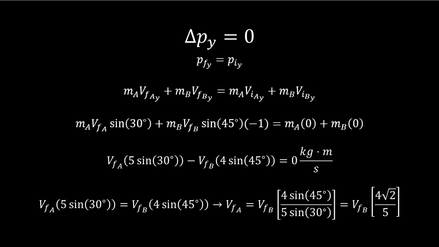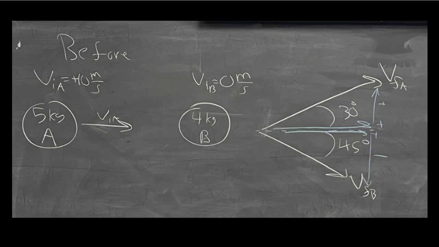Breaking everything apart, that's still just the mass of object A times the final velocity's y component, plus the mass of object B times the final velocity's y component, equals the mass of object A times its initial velocity's y component, plus the mass of object B times its initial velocity's y component. Now, what we need to look back at is, in our starting problem, object A's final velocity has a positive y component because it is upward.